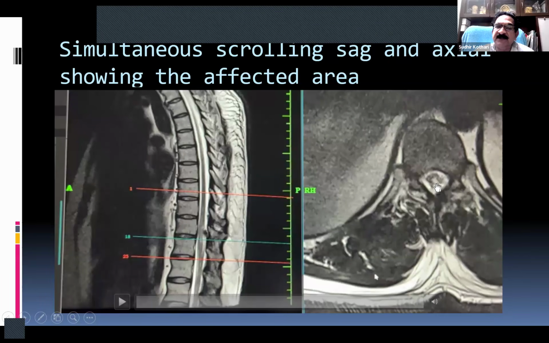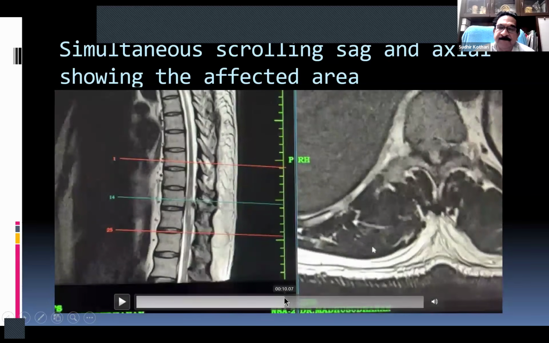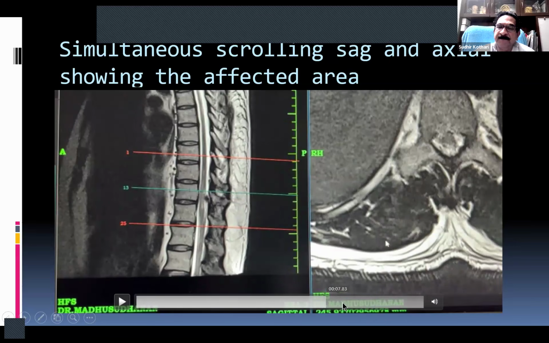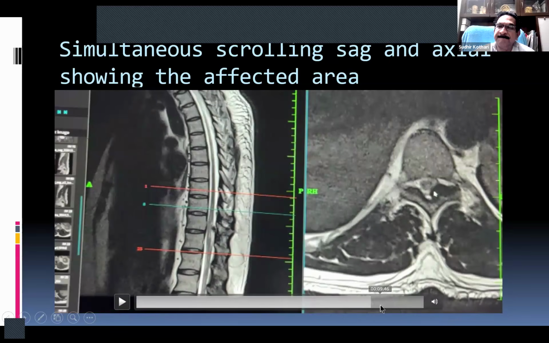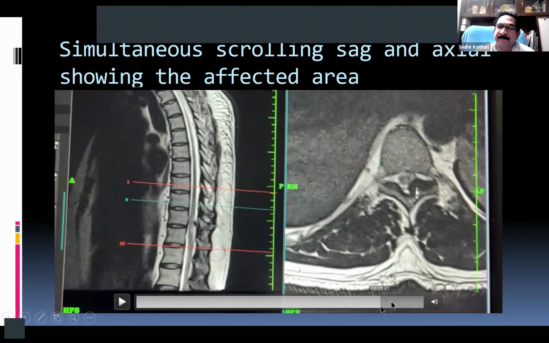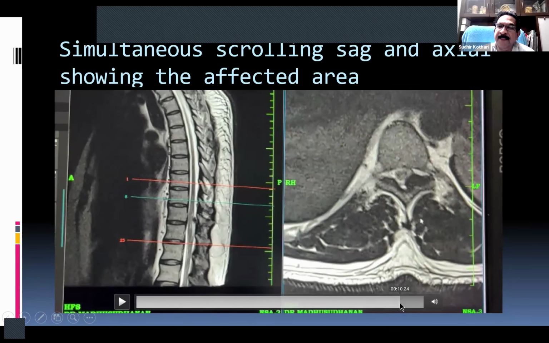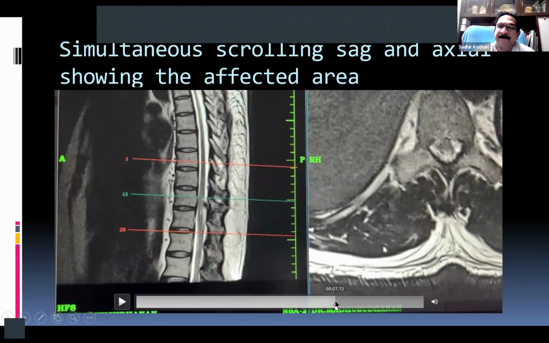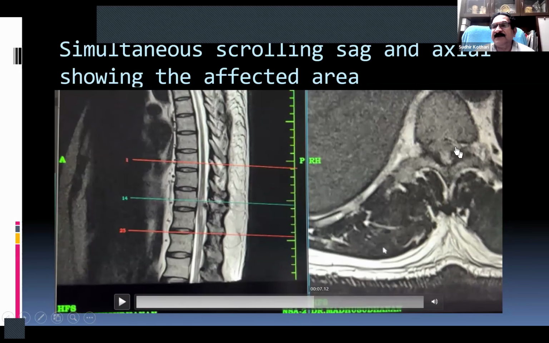Can you see the hyperintensity in the cord? And that is the osteophyte. That is the compression there.